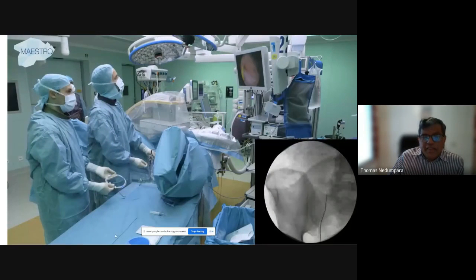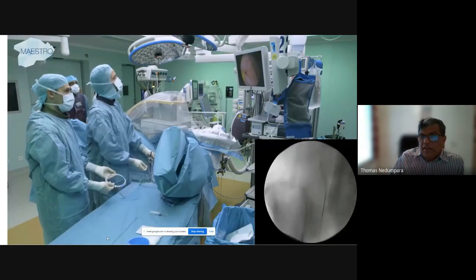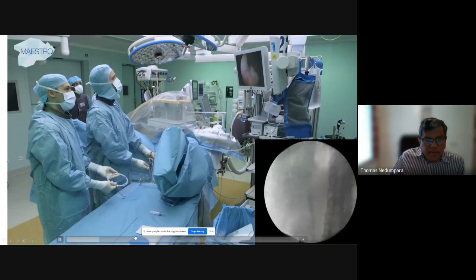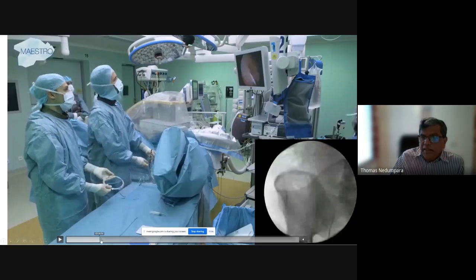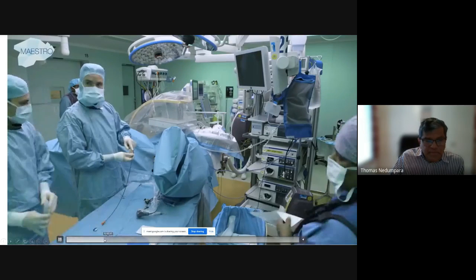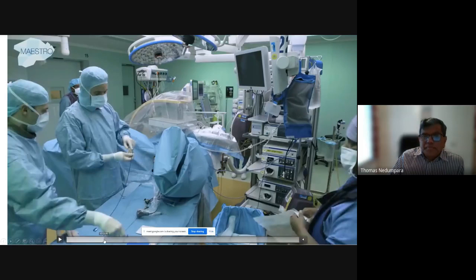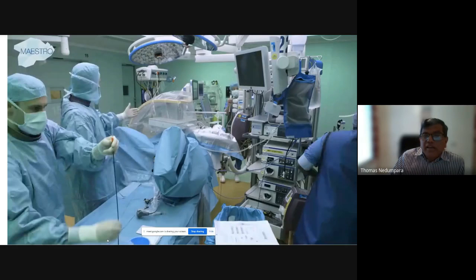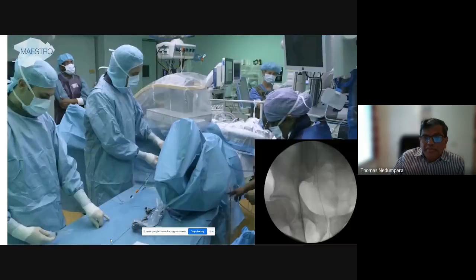So they passed a guide wire into the ureter, and then now they are passing a ureter catheter. The purpose of this ureter catheter is that it has got two lumens, and you can pass two guide wires into the lumens.